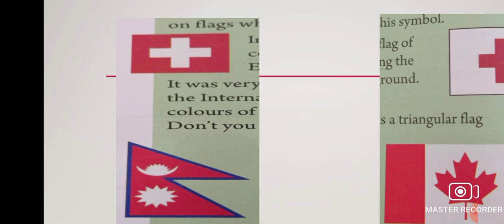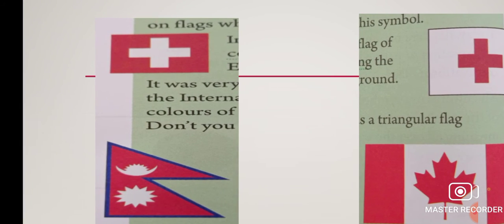The Swiss flag is red with a white plus on it, whereas the flag of the International Red Cross is white with a red plus on it. You can see here, this is the flag of the International Red Cross and this is the flag of Switzerland.